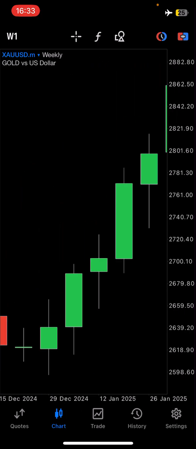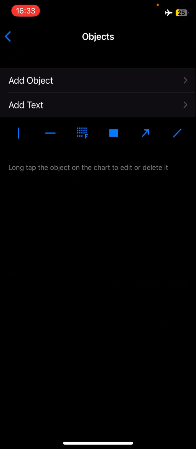So I'm going to start at the start of this up move, right? What I call this the map. You need a map when you're going to the lower time frame. For the system, you need 2 or 3 time frames, a higher time frame and a lower time frame, and you're going to be trading in one direction.